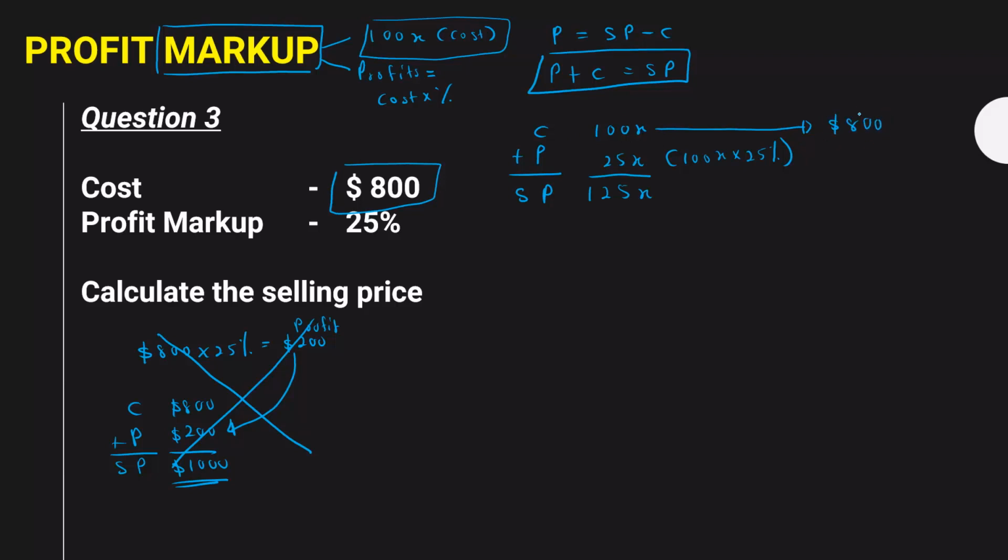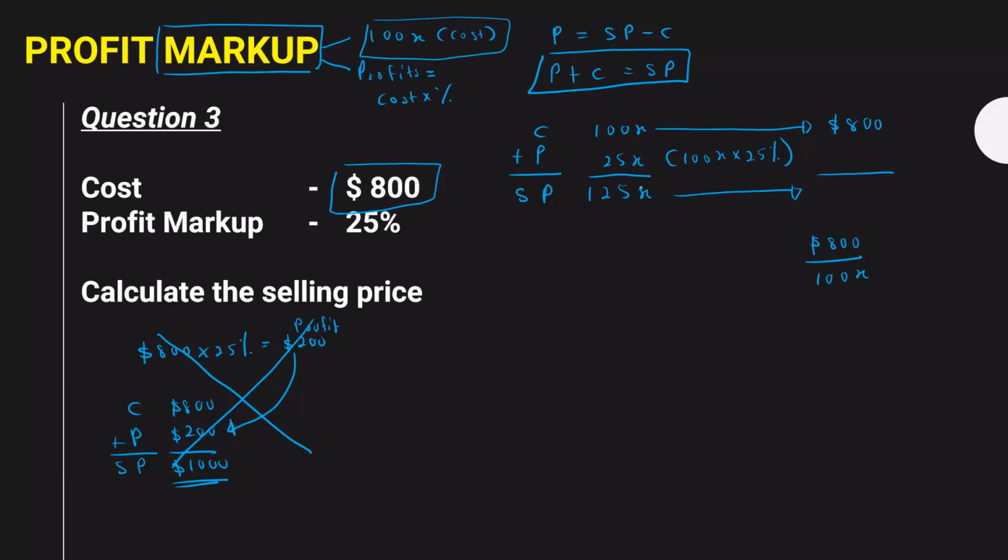Cost is $800, which means 100x is $800. So I want to find out how much is 125x. $800 is 100x, so if I divide by 100, I will get the value of 1x.